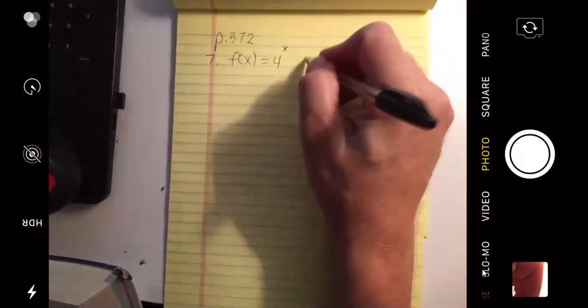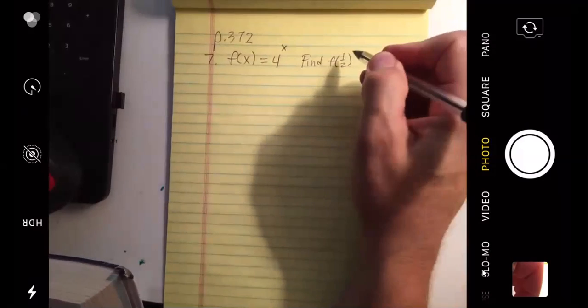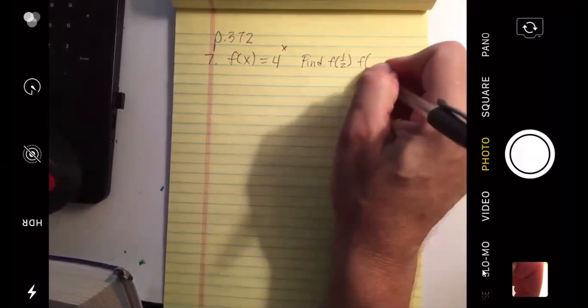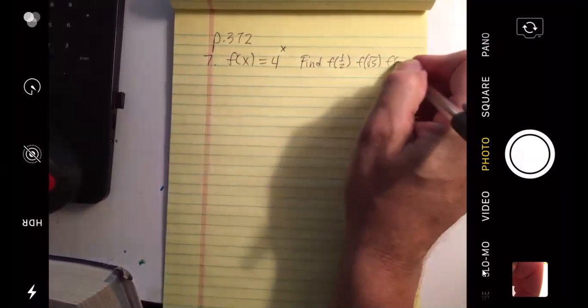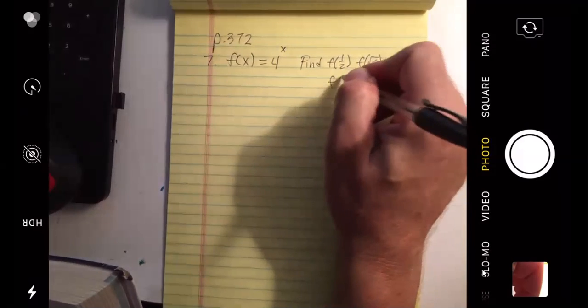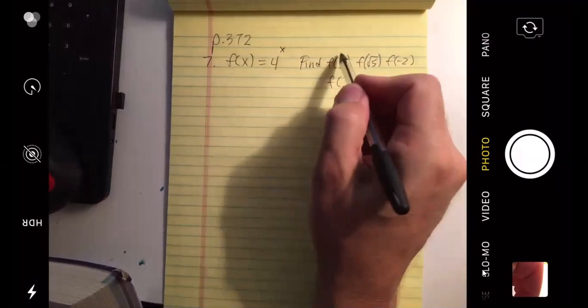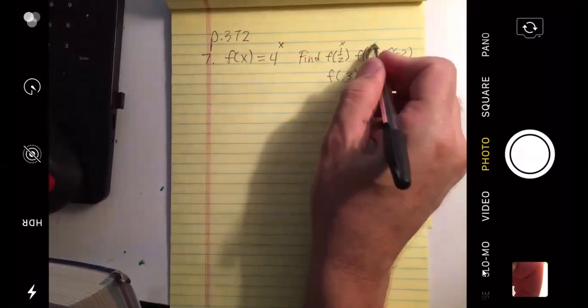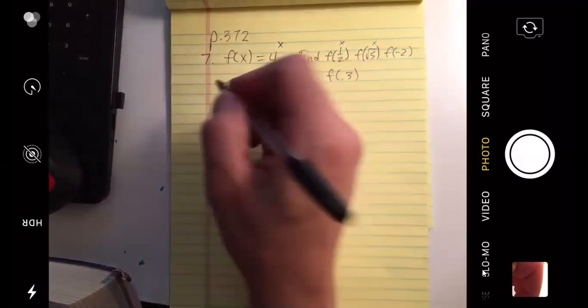They want you to find f of a half, f of square root of 5, f of negative 2, f of 0.3. So these are the x's, and it's just a matter of punching them in, and they become the powers here.